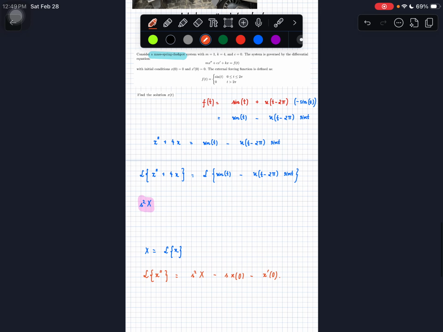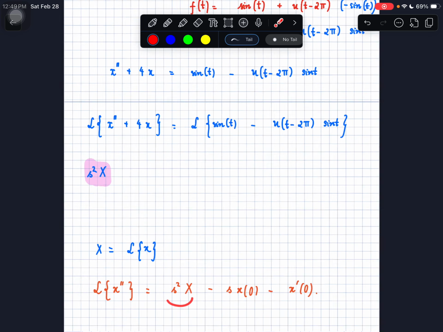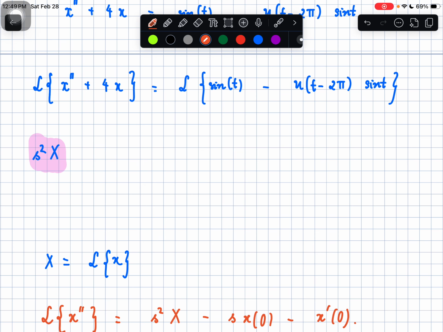However, in this case, both x(0) and x prime(0) are 0, and therefore I only have this term, s squared times X plus 4 times the Laplace transform of small x, so 4 times big X. The Laplace transform of sin(t) equal to 1 over s squared plus 1.